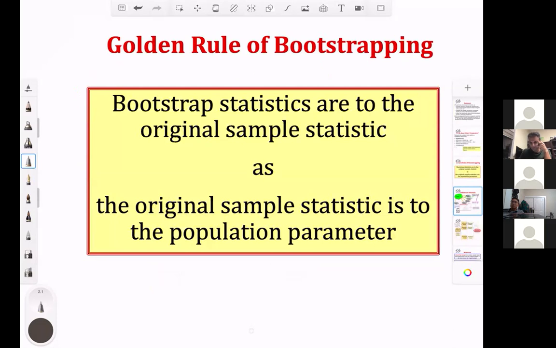So when you see bootstrap, you have to picture how we're going to make a sample. The statistic can mean something like a 5-number summary, whatever statistic we're going to apply to that sample. They're saying bootstrap statistics are to the original sample statistic as the original sample statistic is to the population parameter.